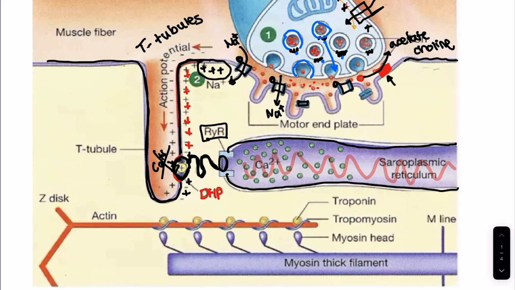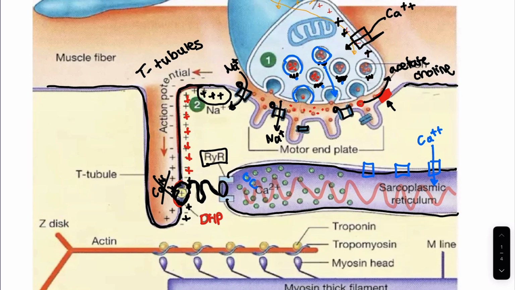So it's called the sarcoplasmic reticulum, where there's a bunch of calcium channels present on this membrane right here. And what happens is they're using ATP to actively pump calcium from the space within the cytoplasm into this space. So all these little green molecules right here are supposed to indicate calcium ions.